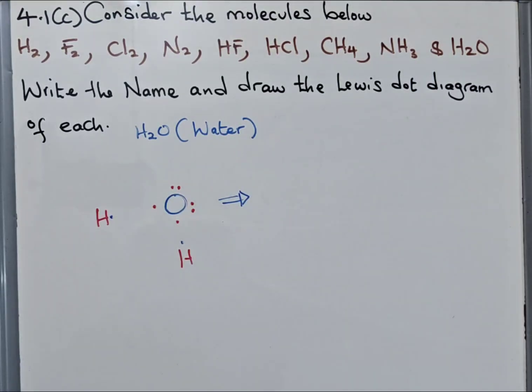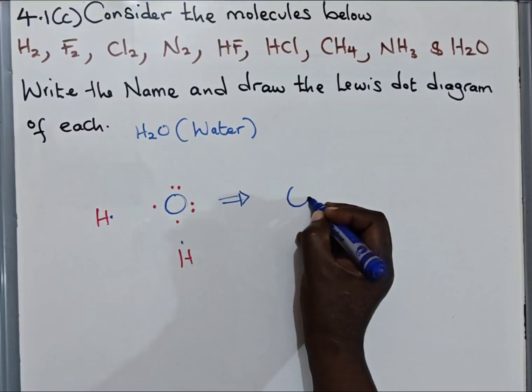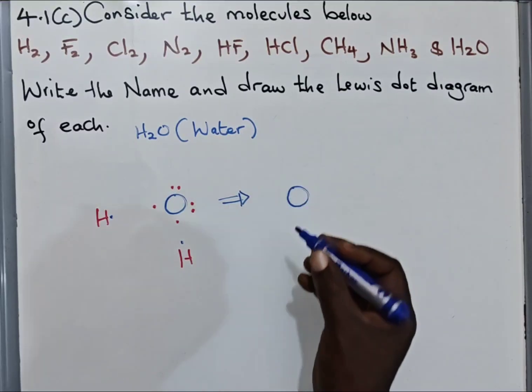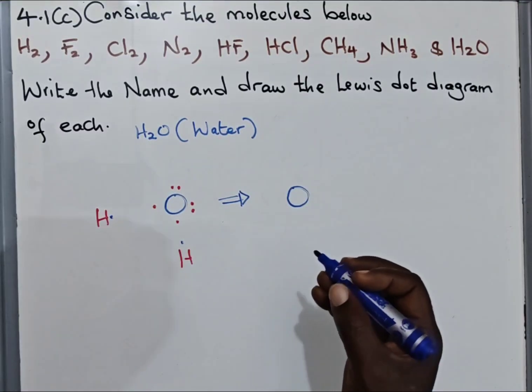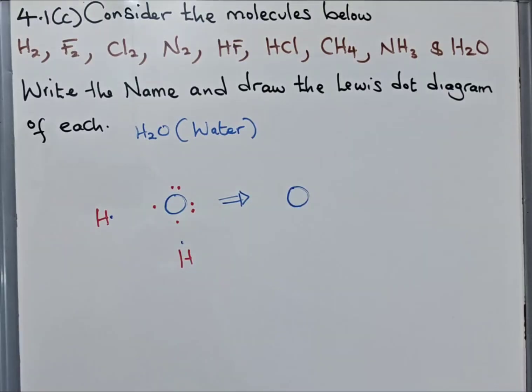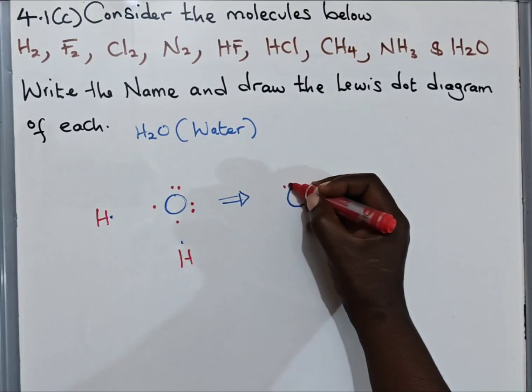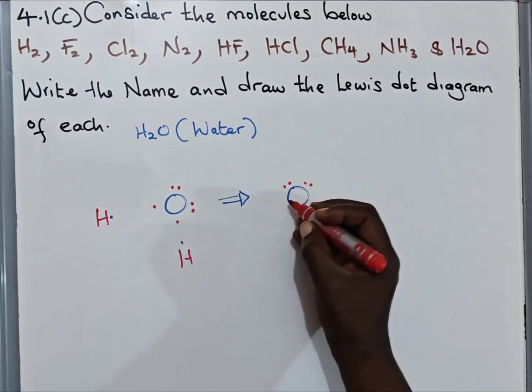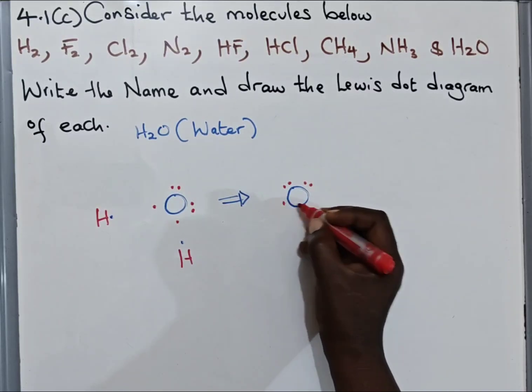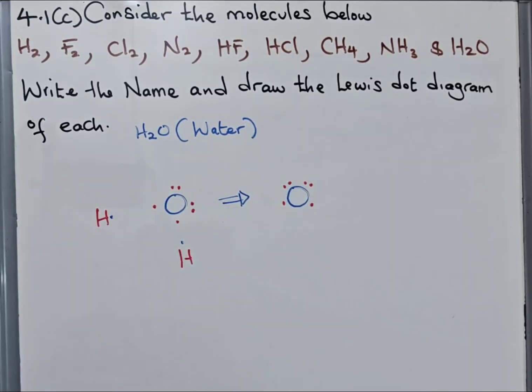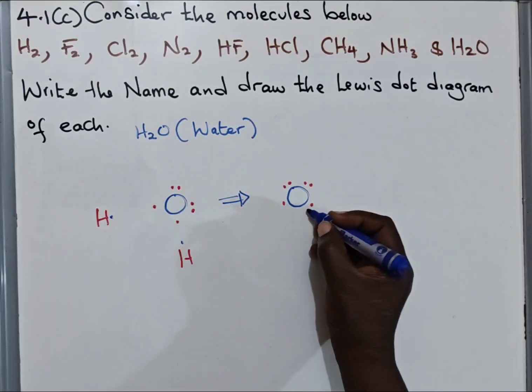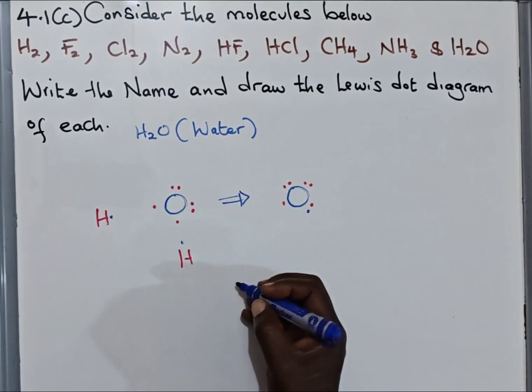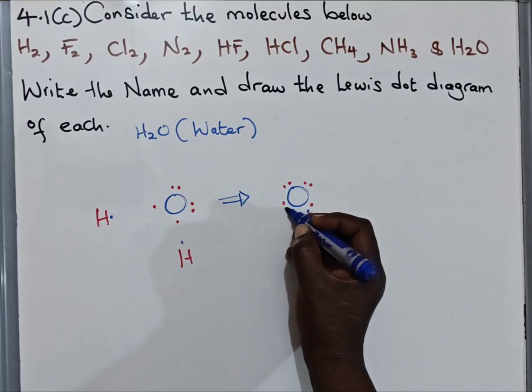So when they come together to bond, this is what you are going to get. You are going to get our oxygen atom, and we have its electrons distributed like that. We have these 2. You have 1 here and 1 here. Then that one is paired with the one from hydrogen and the one from hydrogen.